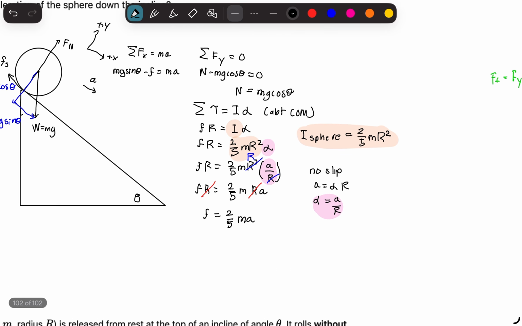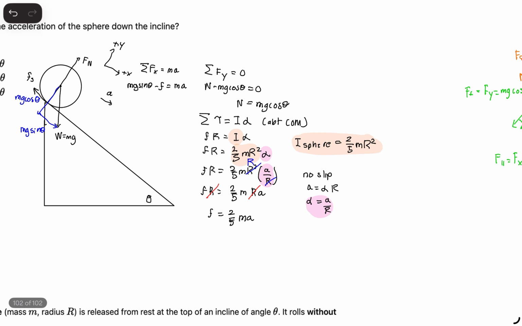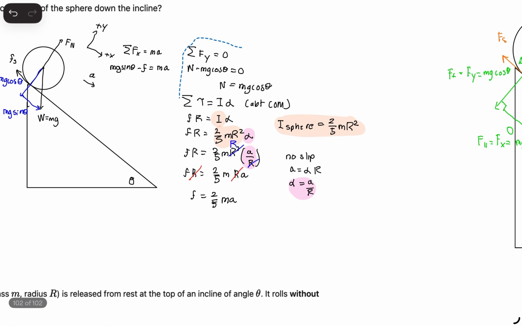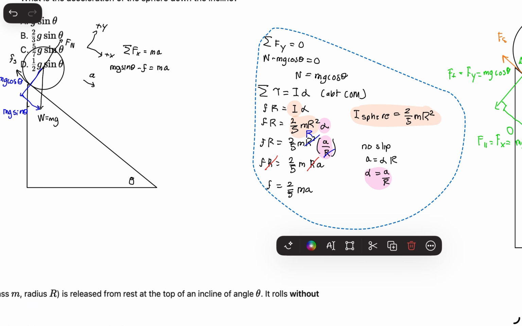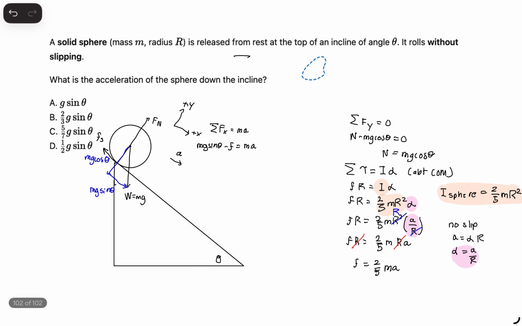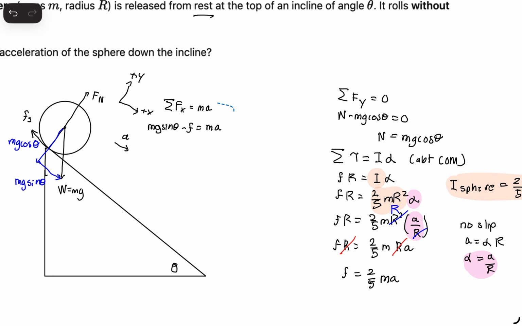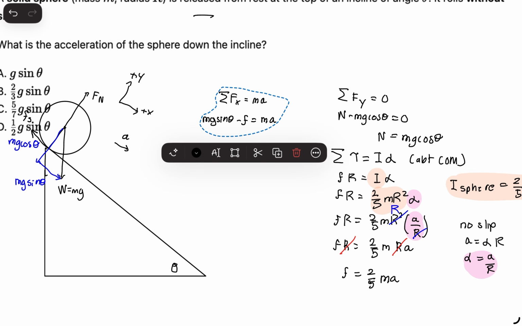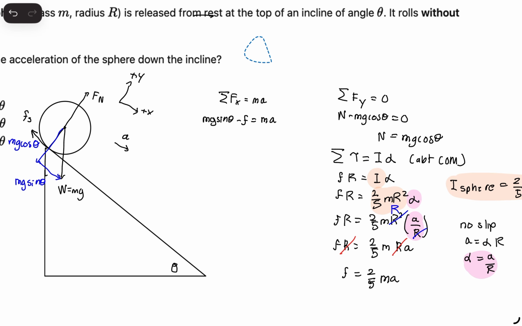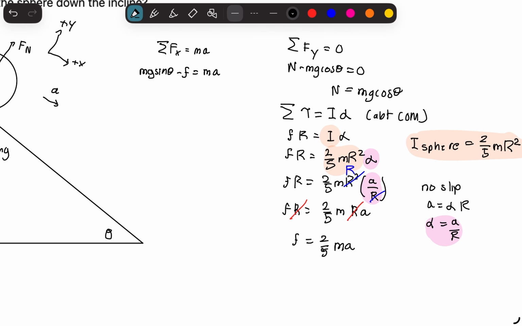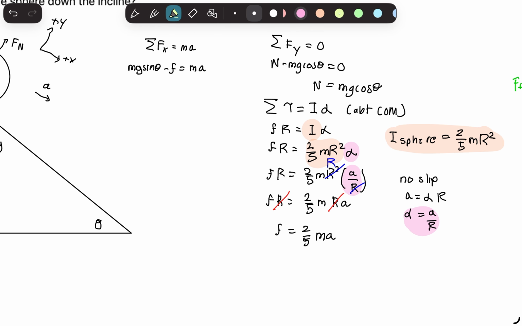So now that you have F, you can substitute this back into our translational equation. So we can move this over a bit. Now that you have what F is, you can substitute this F value into this equation here.